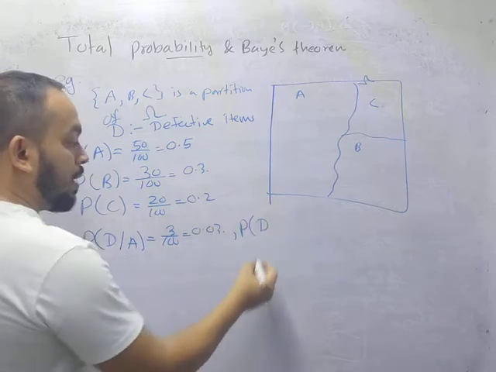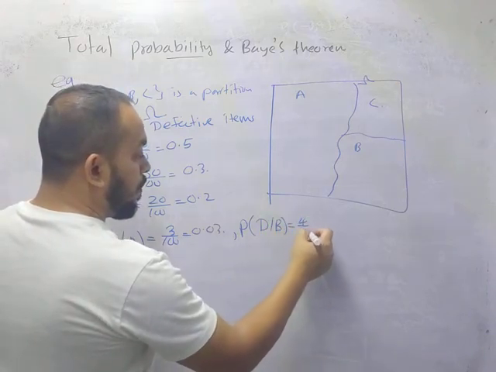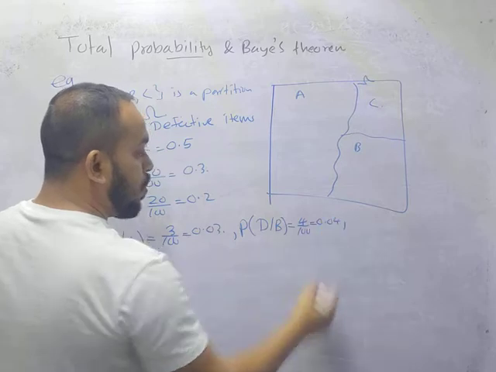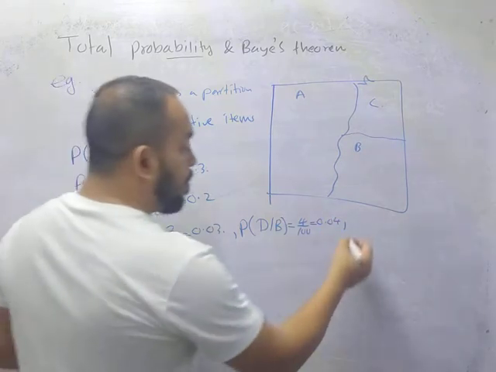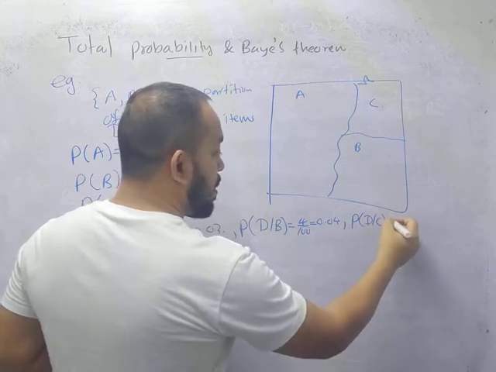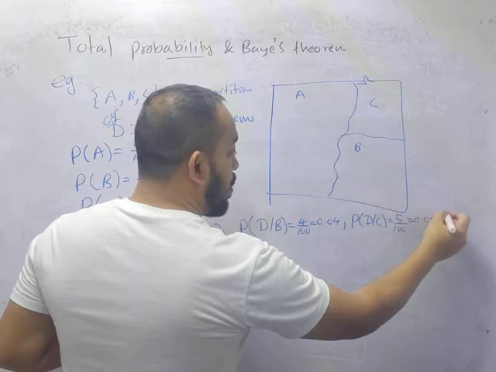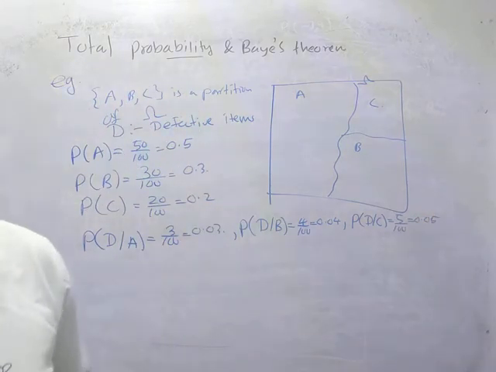Probability of a defective item from machine B would be 4 out of 100, so 0.04. And the probability of a defective item coming from C machine would be 5 over 100, or 0.05. Right.